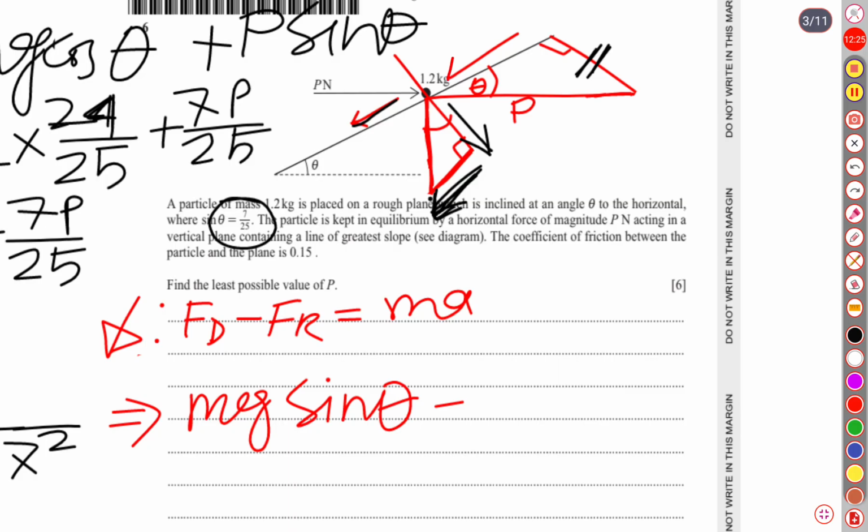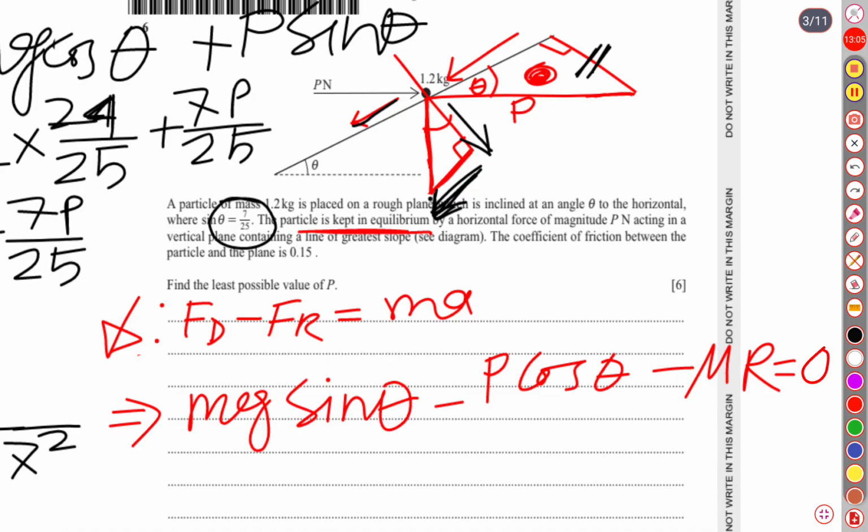In terms of this triangle, it is the horizontal axis, so it is going to be P horizontal. For horizontal we use P cos theta, minus another force. The major force causing resistance to motion is the frictional force, which is equal to mu R. Let us write mu R, and the right side is going to be 0, because the particle is kept in equilibrium, meaning there is no acceleration or motion at all. That's why the right side is 0.